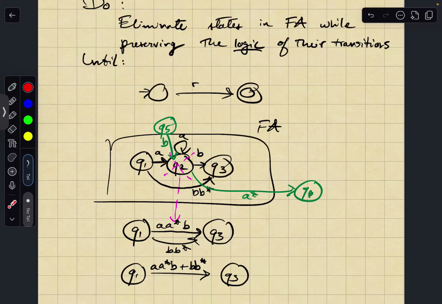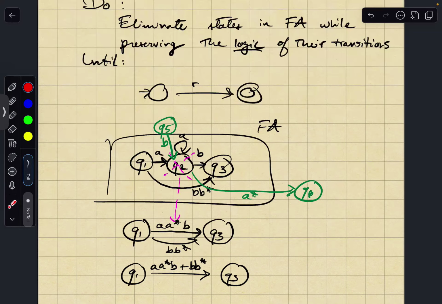So you also have to consider going from Q5 to Q3 using Q2. You rip this out, and instead you have a transition here. Then you would also have to consider going from Q1 through Q2 to Q6, so if you eliminate Q2, you add the transition that's maybe here, A star. And you have to do this for every single way to go through the state that you're ripping out.